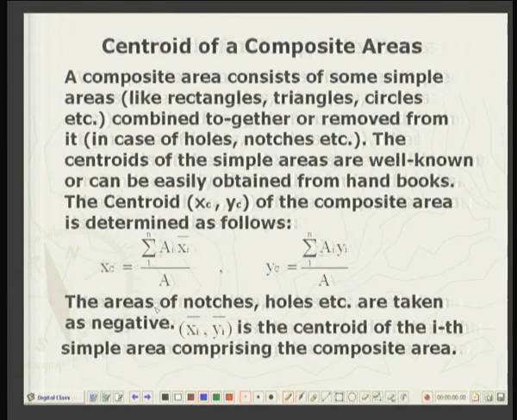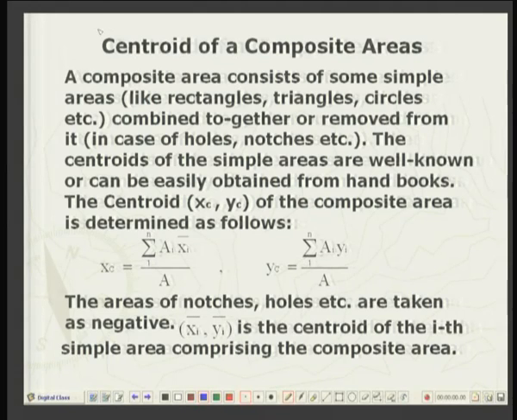How do we calculate the centroid of such areas? For example, let a given composite area be consisting of n number of simple areas, either positive or negative.